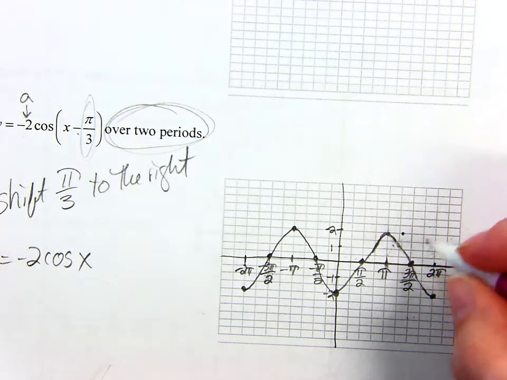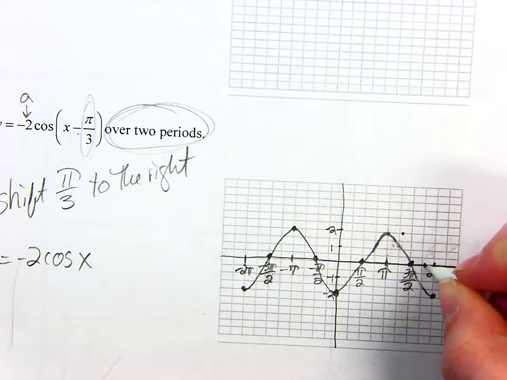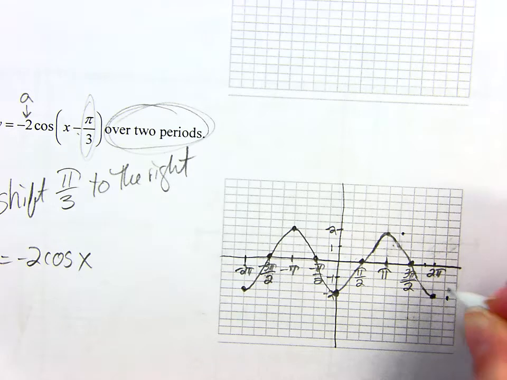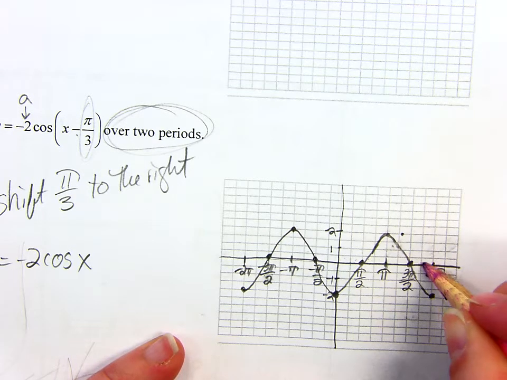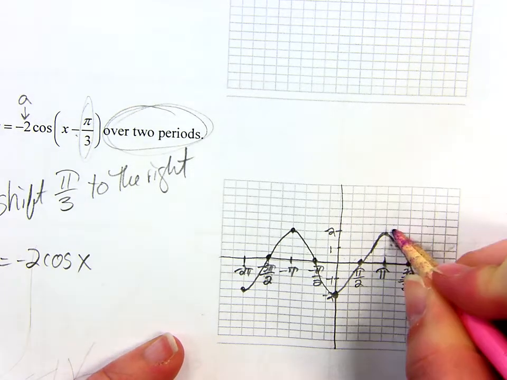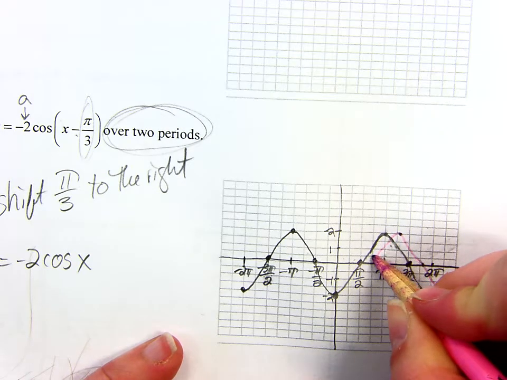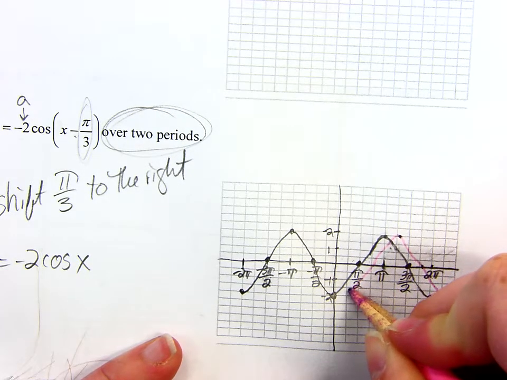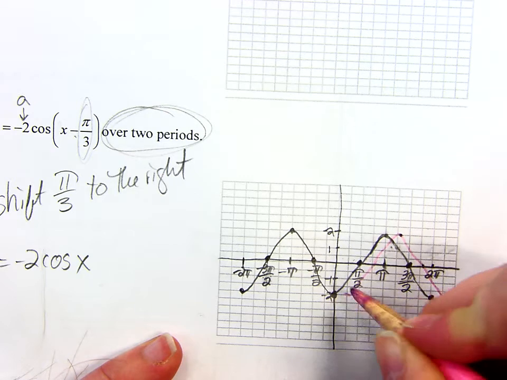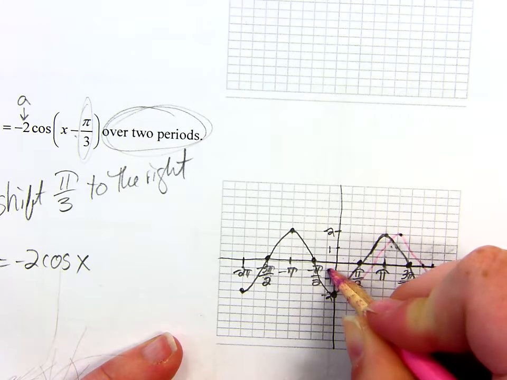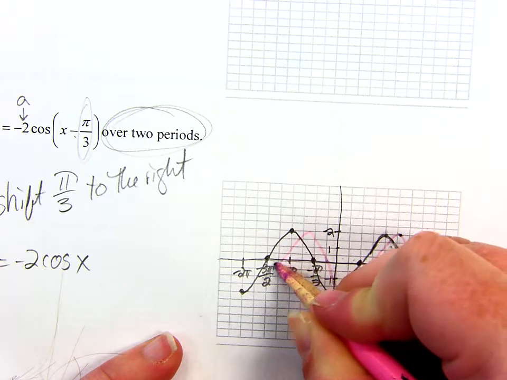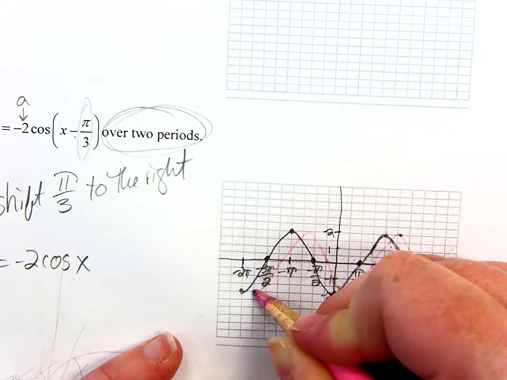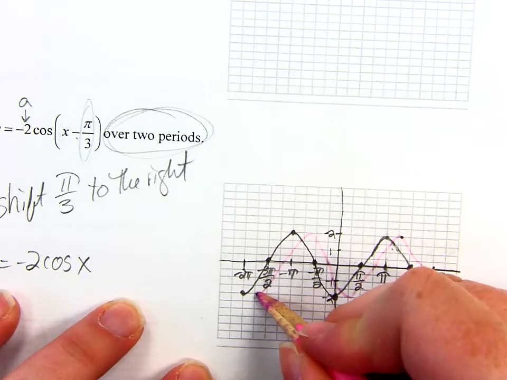My new high point will be there. This point is now here. Everything is just shifted a box and a third to the right. Let's see if this kind of works.